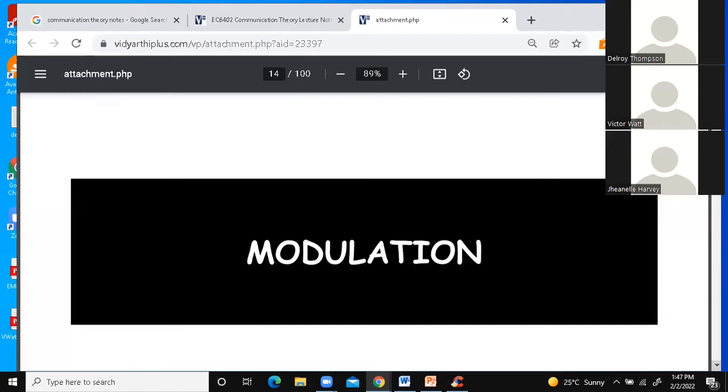So you'd call the whole sound system setup an analog baseband system. Of course, nowadays you also have digital sound systems, but that would be a good example of an analog baseband system.